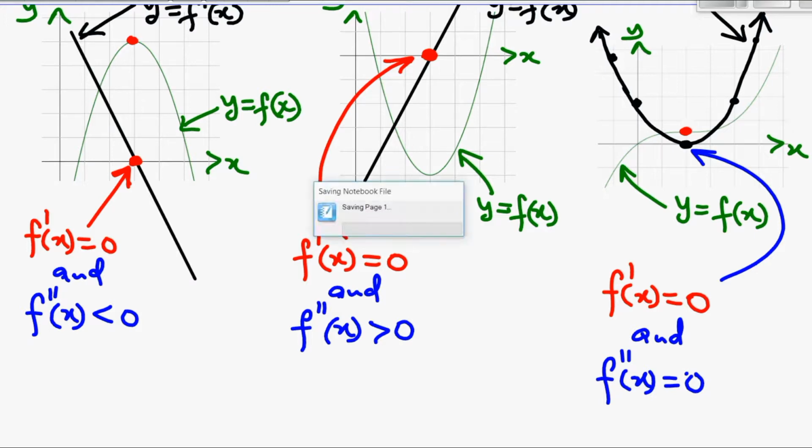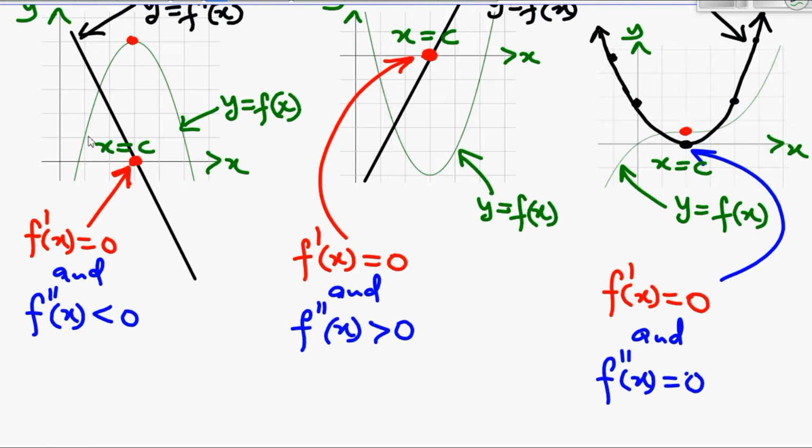So here we are faced with different features of these functions. So we can generalize and say that in general, suppose x is equal to c, and let's call these stationary points x is equal to c. So this point here, I'll call it x is equal to c, here I'll call it x is equal to c, and here I'll call it x is equal to c.